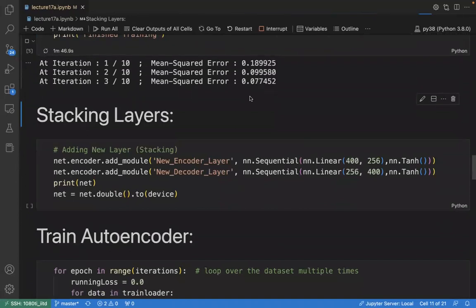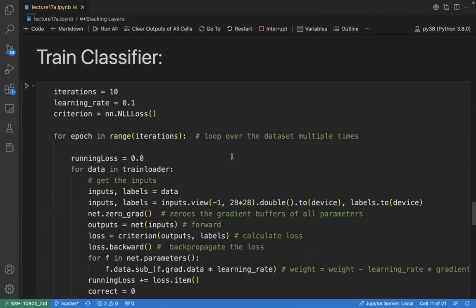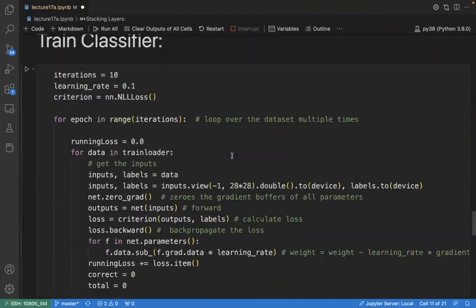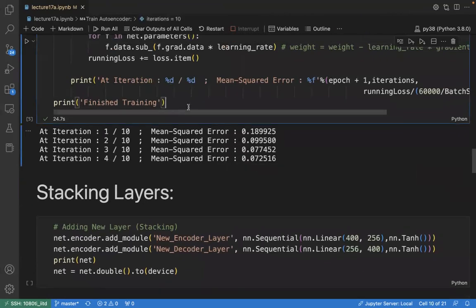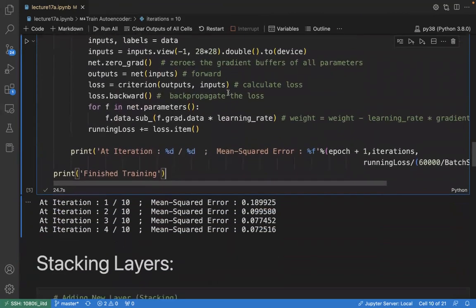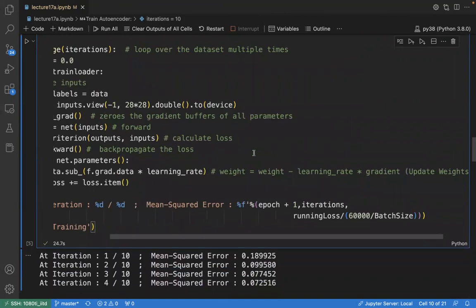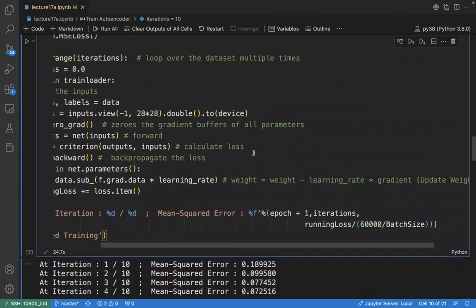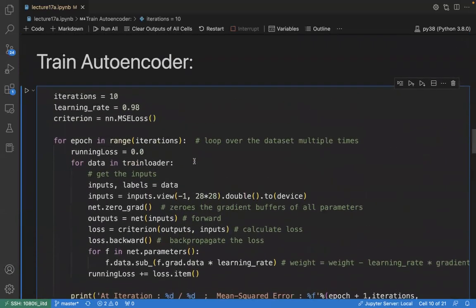You can see the error is reducing one epoch at a time. The training, why has it stopped?